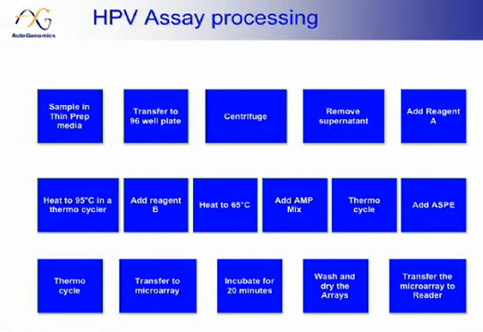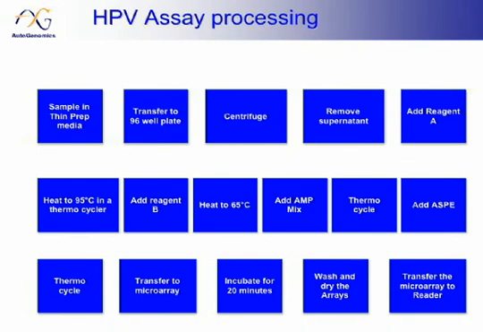Now, just following with this HPV process, and the reason I've selected HPV, there's no real reason for that other than the fact that this is really a high volume test. It can be done for any other test on here. But in an HPV test, the sample comes in either in a ThinPrep or a SurePath media or any other media for cell preservation.